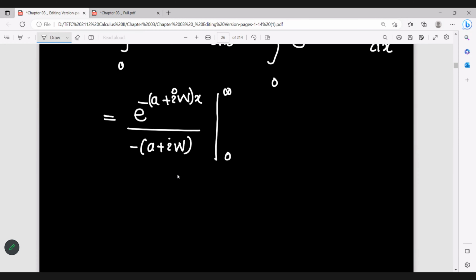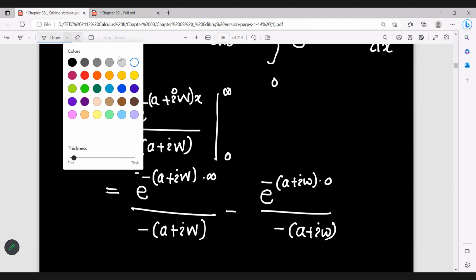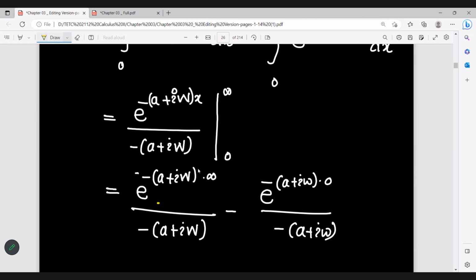And if we substitute x by 0, I will substitute e to the power minus (a plus iw) times infinity over minus (a plus iw), minus e to the power minus (a plus iw) times 0 over minus (a plus iw).